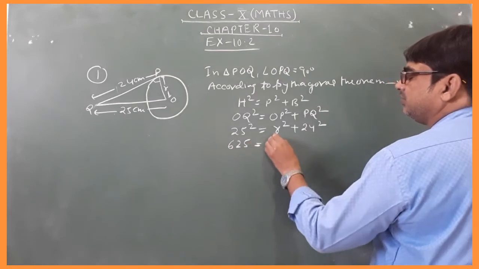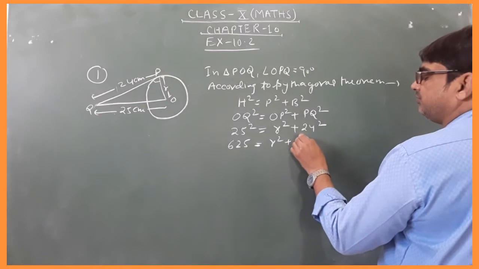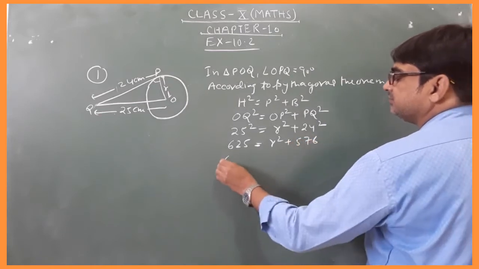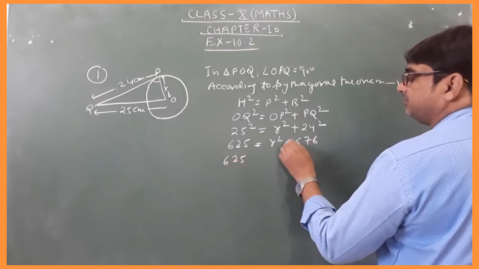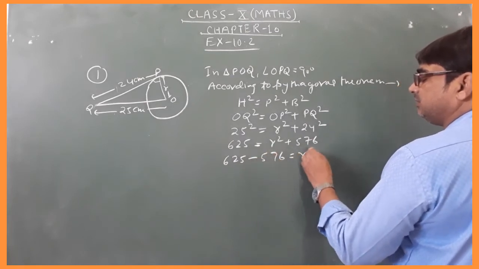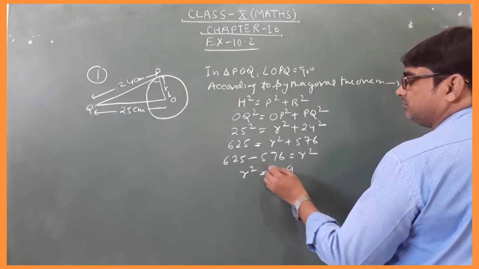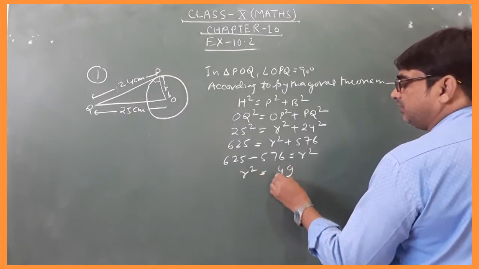625 is equal to R square plus 576. 625, when plus is transferred, becomes minus. R square is equal to 49.